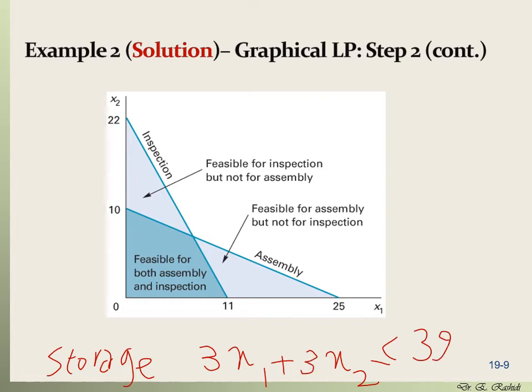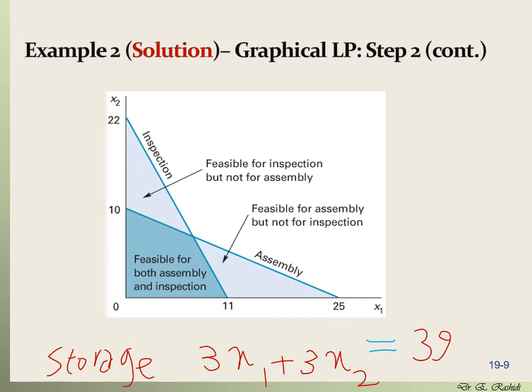So we're going to follow the same procedure. We're going to first transform this inequality to a line, a formula for a line. So I'm going to replace this inequality by a line equality. So this is 3x1 plus 3x2 equal to 39. Now this is the formula for a straight line.